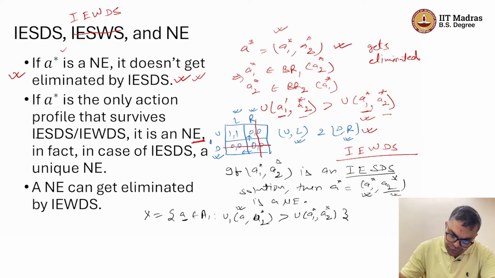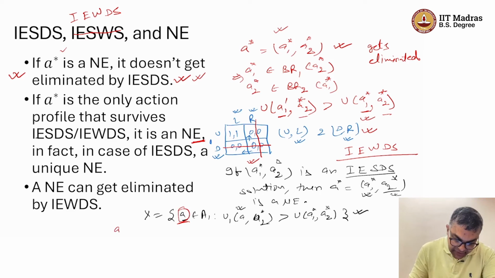And this has to be true because we are assuming that A star is not a Nash equilibrium, so there has to be some best responses. And what is happening in this process? These A, they are getting eliminated because A1 star comma A2 star survive, and these A, they don't survive. So they are getting eliminated one by one. We don't know the order.